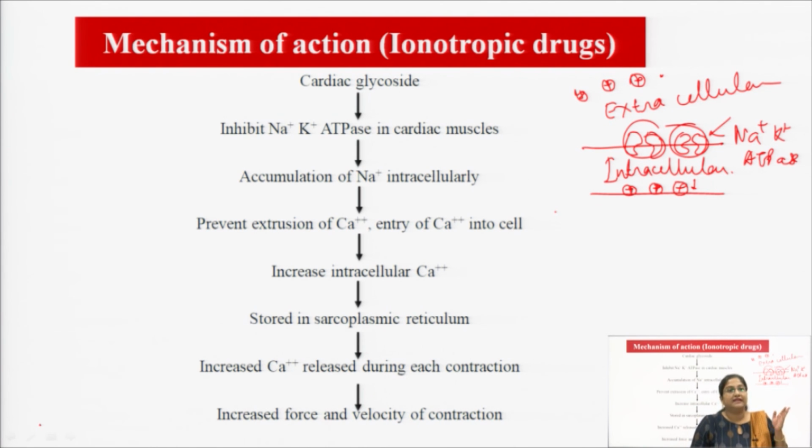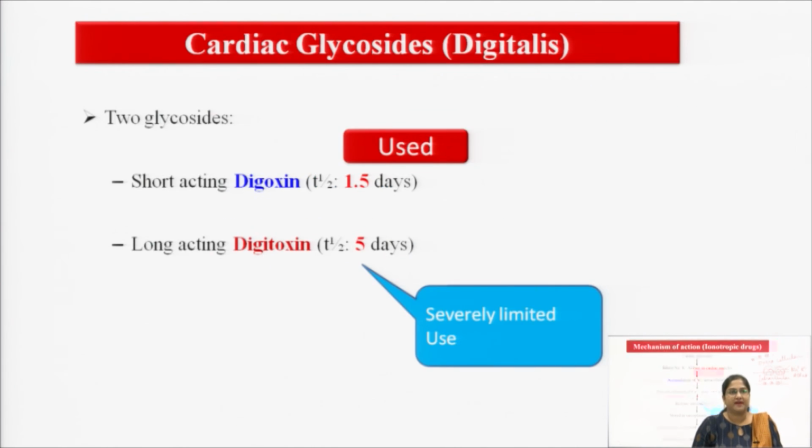These increased and stored calcium ions increase the velocity and the contraction rate of the heart, and will make the heart pump. So, this is the general mechanism of action.